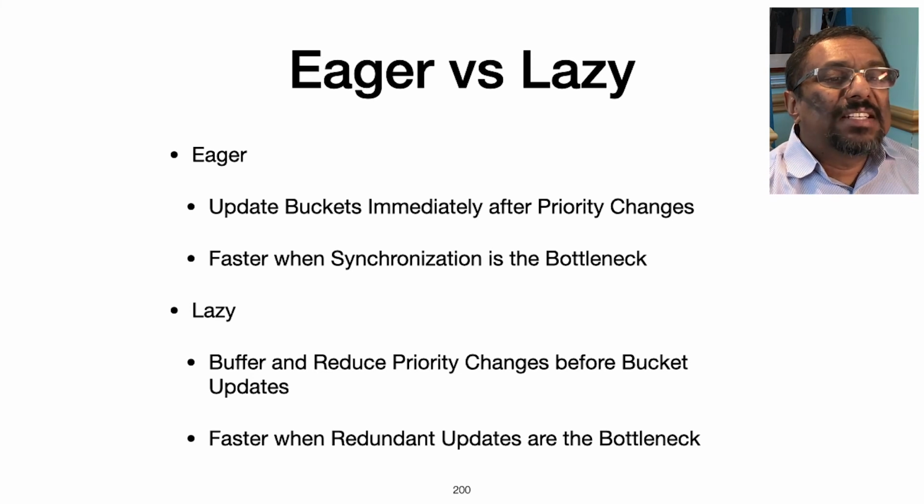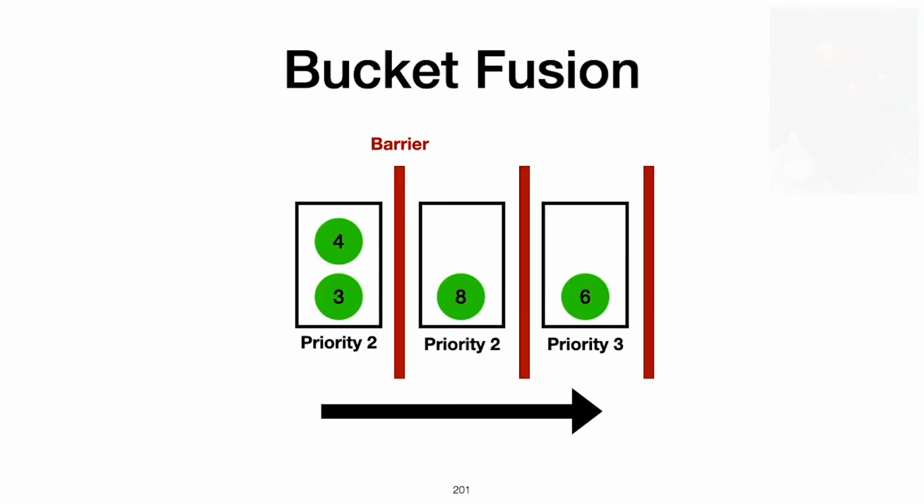This is faster when synchronization is a bottleneck, because you move things to the new bucket very fast. In the lazy update, you buffer the newer priorities for a while and then do the updates later. This avoids a redundant number of updates, because if you keep changing priorities, you don't want to keep moving things. But on the other hand, you might have more synchronization. Another interesting thing we introduced was bucket fusion. Sometimes there could be multiple buckets with the same priorities.